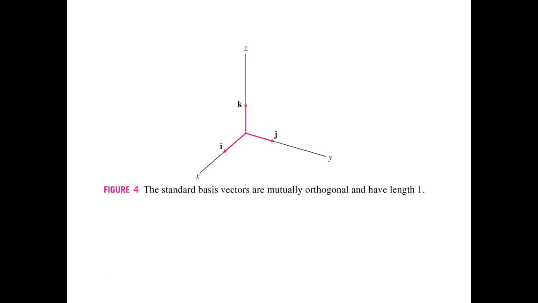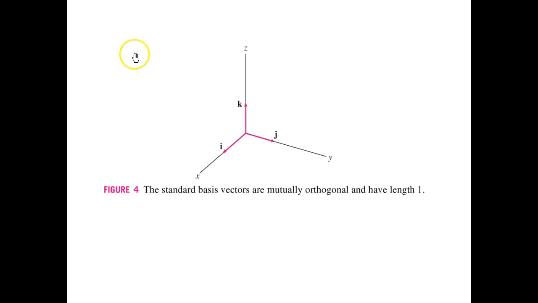The book doesn't make any special indicator that indicates something is a unit vector. I do. When I know something's a unit vector, I'm going to write i with a caret over it.